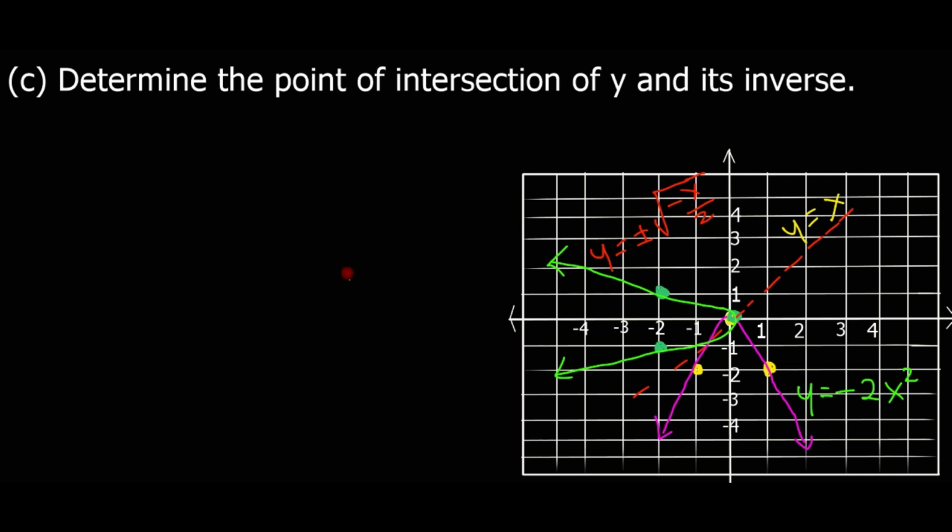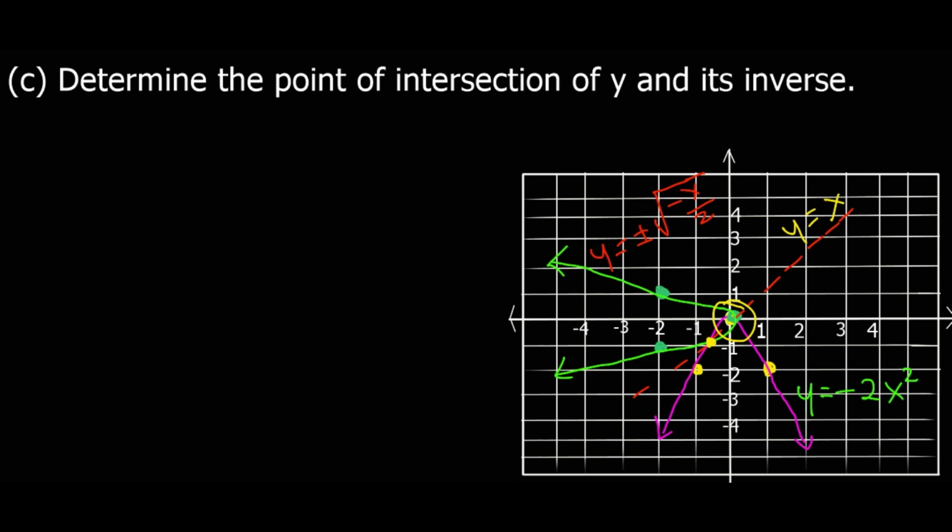Part C. The question says determine the point of intersection of y and its inverse. We know that to find the point of intersection we equate the equations. You can notice that our graphs intersect through the origin, and also they intersect through this point.